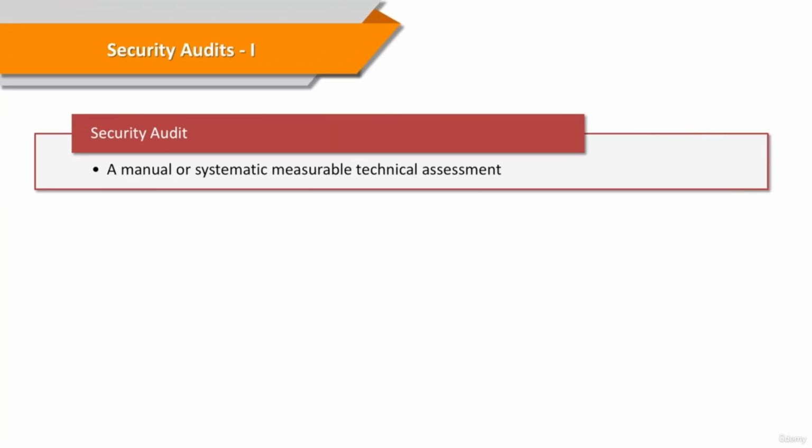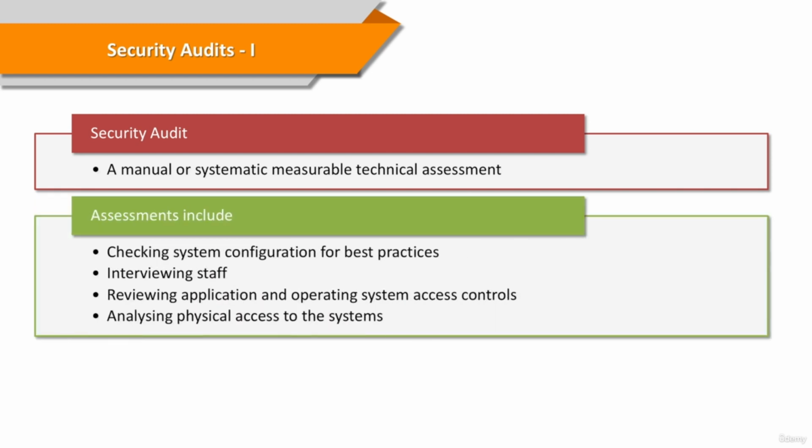Now, a computer security audit is a manual or systematic, measurable technical assessment of a system or application. Security audit assessments include performing security vulnerability scans for best practices, interviewing staff to understand the level of information security awareness, reviewing the access controls of the applications and operating systems, and analyzing the physical access to the systems.